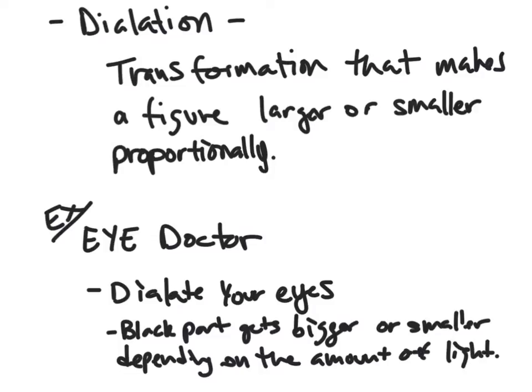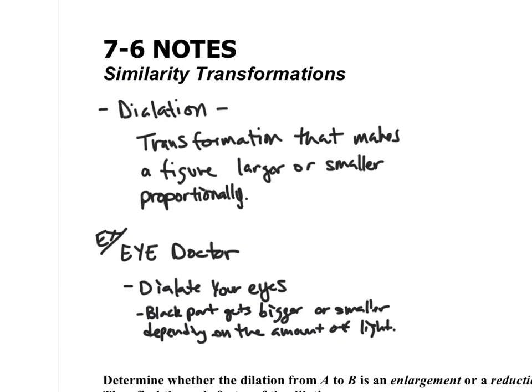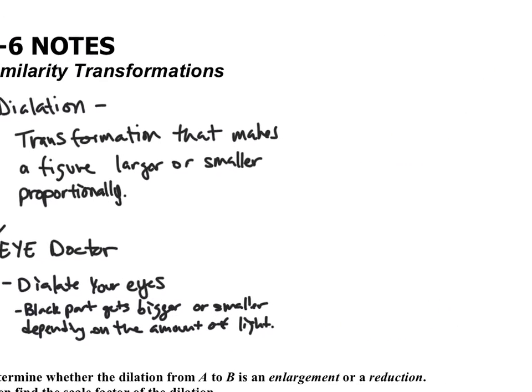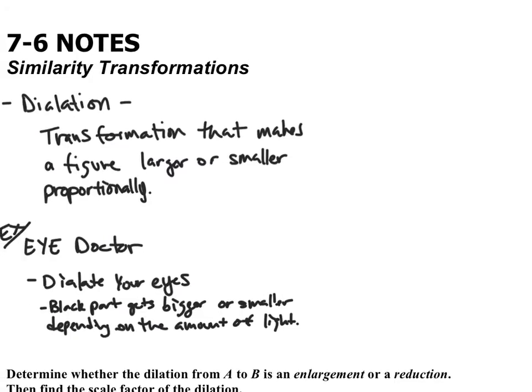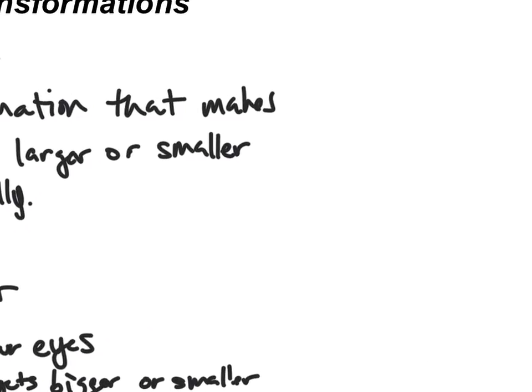So what I want to talk about here, with a dilation, we say that it makes a figure larger or smaller proportionally. So we do have to deal with a scale factor. We're going to call our scale factor the variable k.